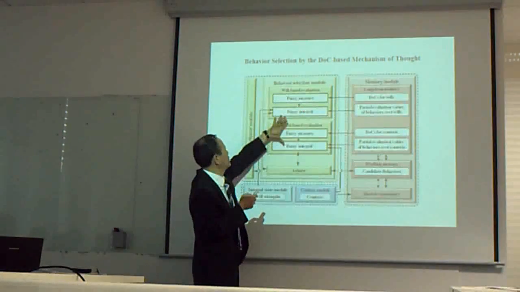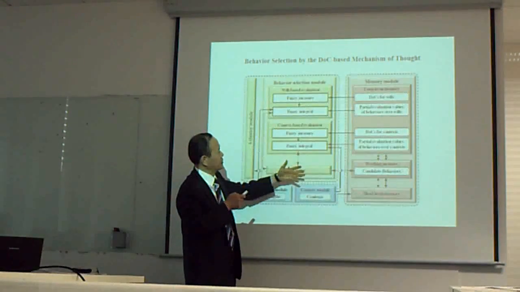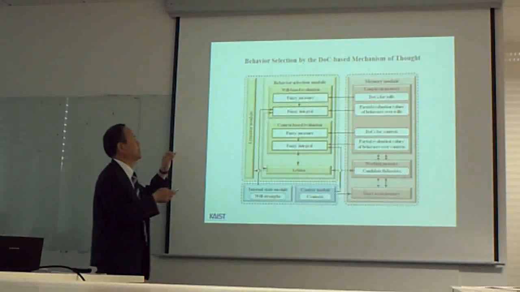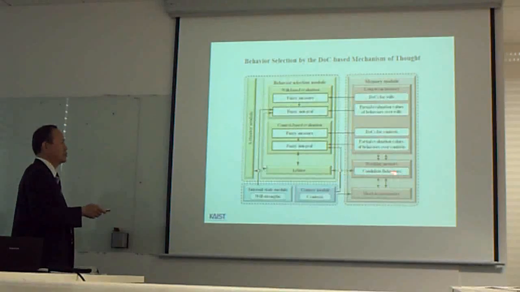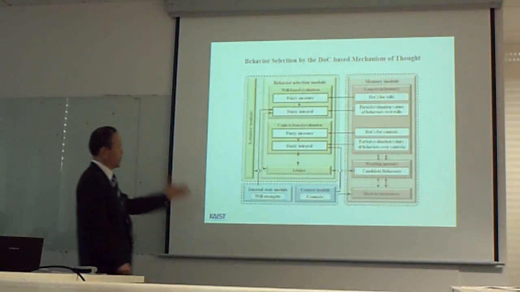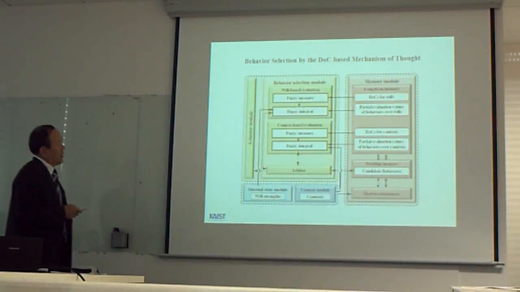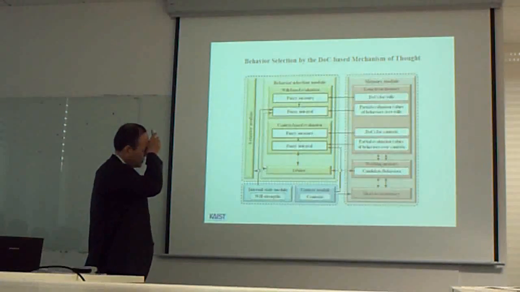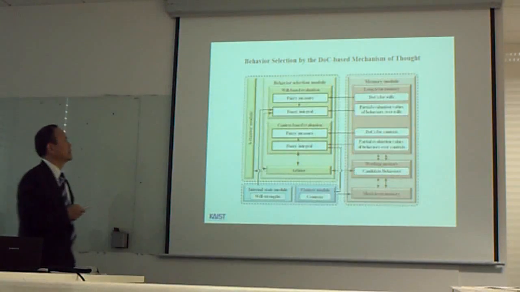These two fuzzy integrals are for global evaluation. Global here means partial evaluation and the current degree of consideration. And finally, using the algorithm with these candidate behaviors, we select the final one. So this week, quite recently, I provided this paper.